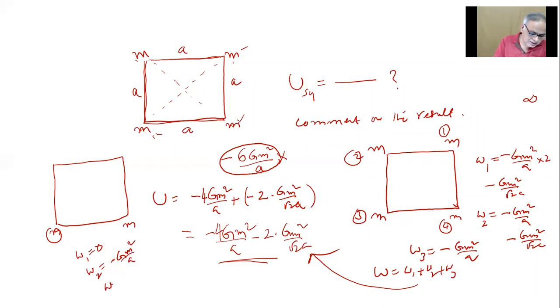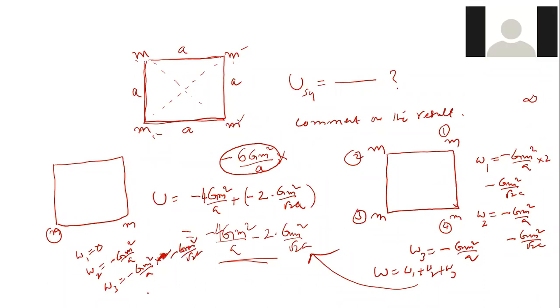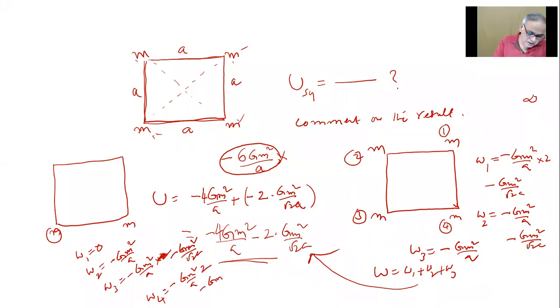Third mass: minus Gm square by root 2 a. Fourth mass: minus Gm square by a into 2. Add up, you'll get that.